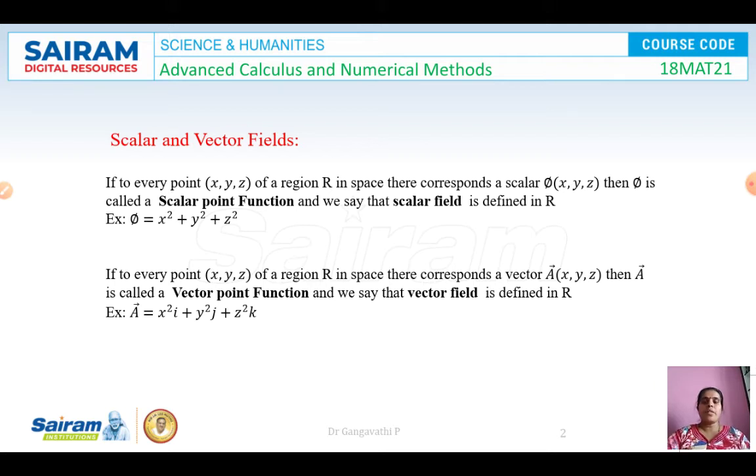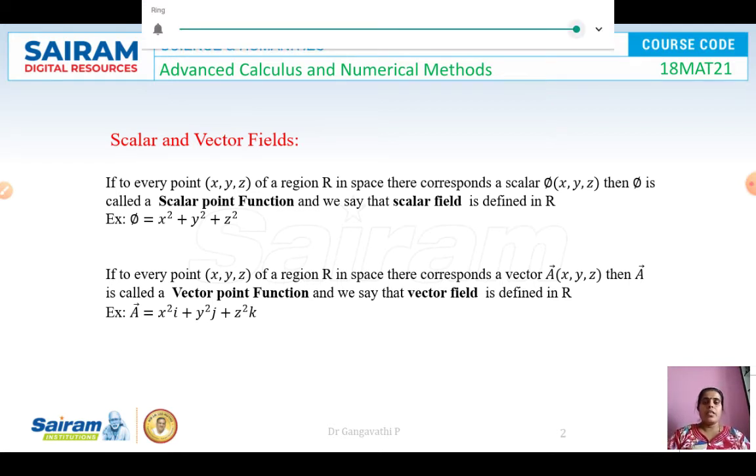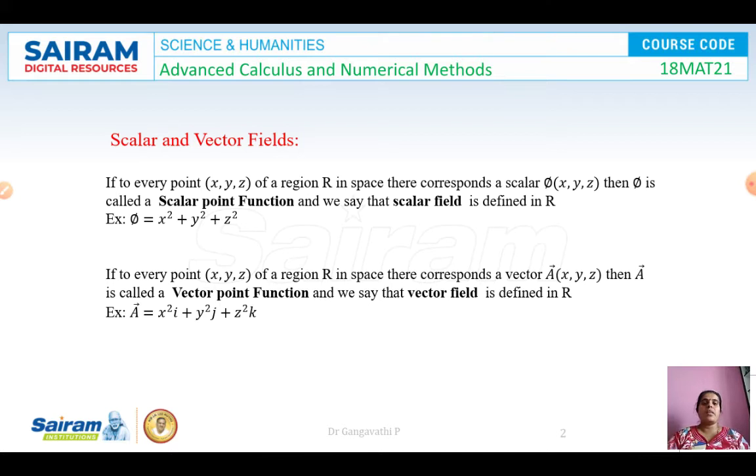So if to every point x, y, z of a region R in space there corresponds a scalar phi of x, y, z, then phi is called a scalar point function. So for every point in space, there is a function corresponding to it, and such a function is called a scalar point function. We say it is a scalar field, defined in the region R.